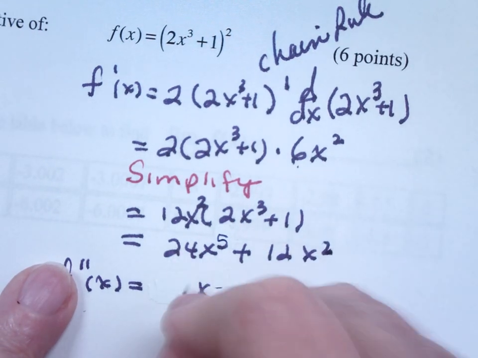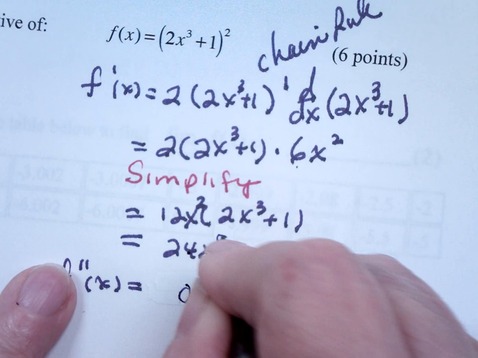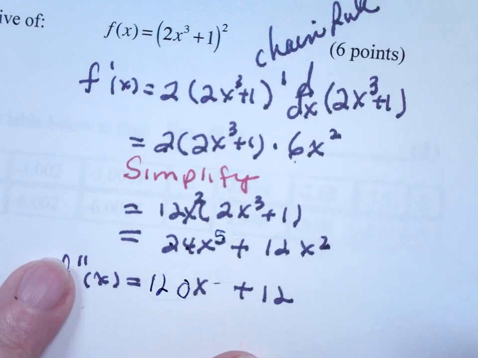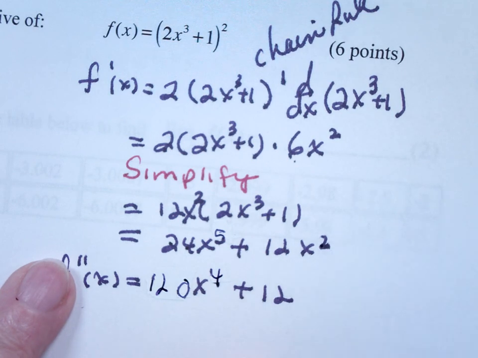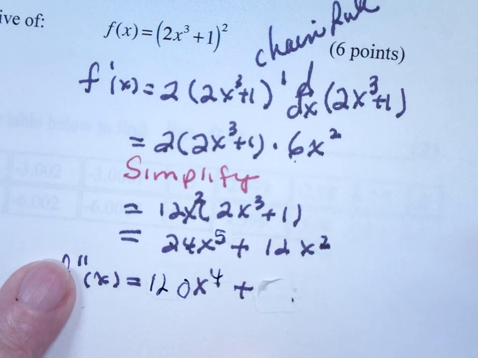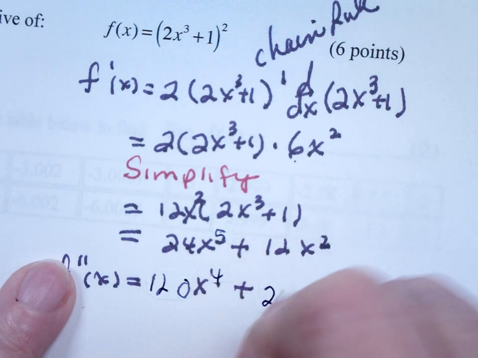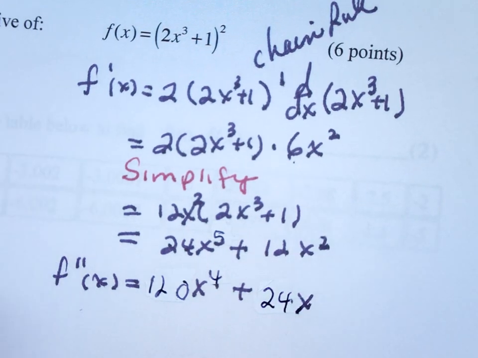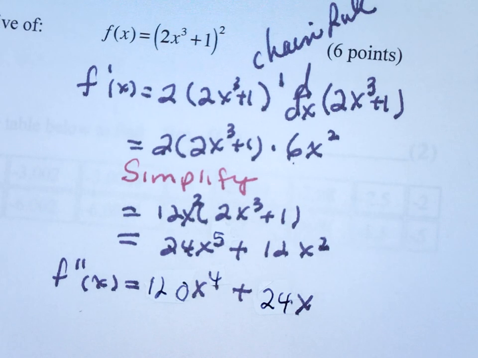See how easy it is? 2012. 120x to the 4th, and then this would be 24x. Give you extra credit for that.